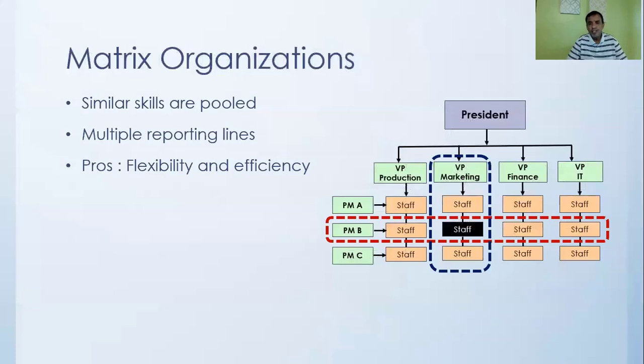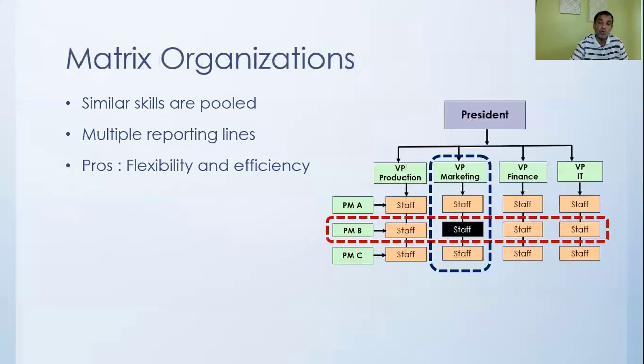Now, in this particular case, there is an advantage in that it is flexible and efficient, because once this is done and a new project starts up, for example, the person can easily be moved around to different projects. Unlike in a functional organization or many other structures, where if the person has to be moved, it is not easy.